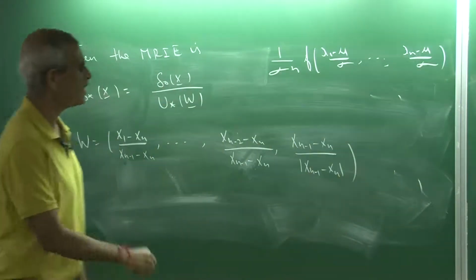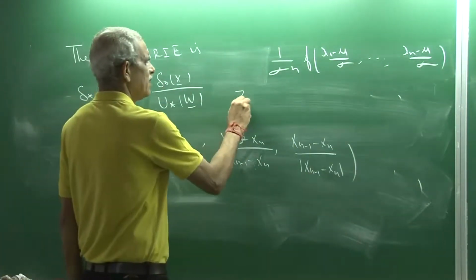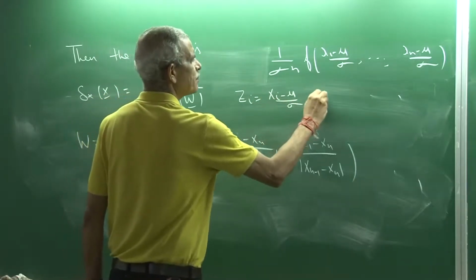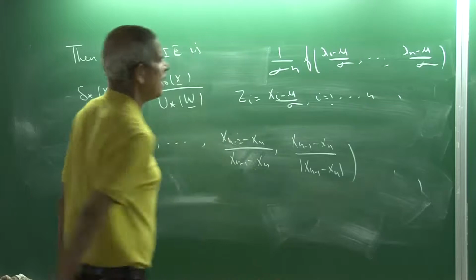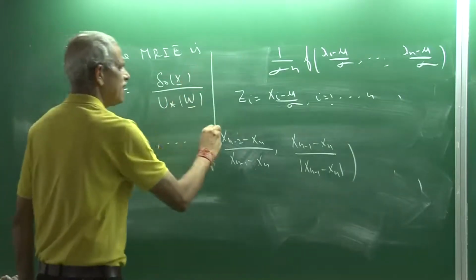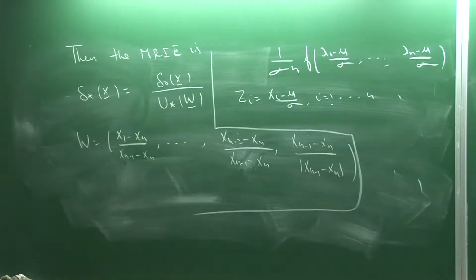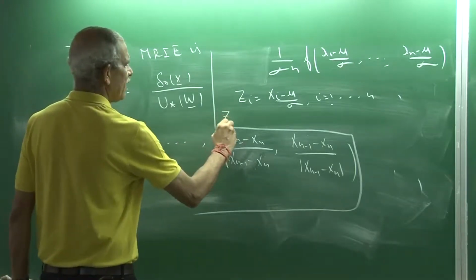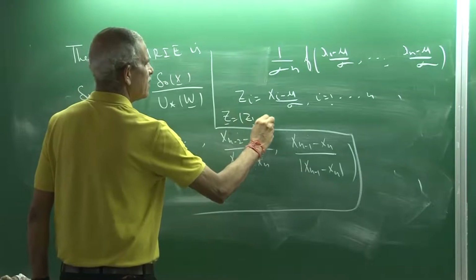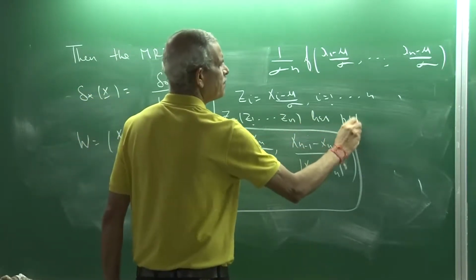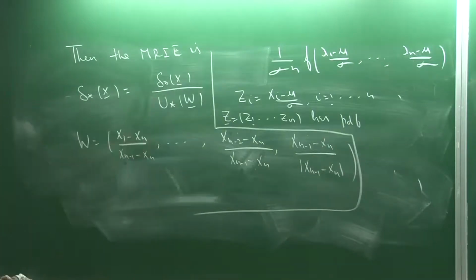So this suggests that if I take Zi as (xi minus mu) by sigma, i equal to 1 to n, then the vector z, z1, z2, ..., zn has a PDF, you can easily see.